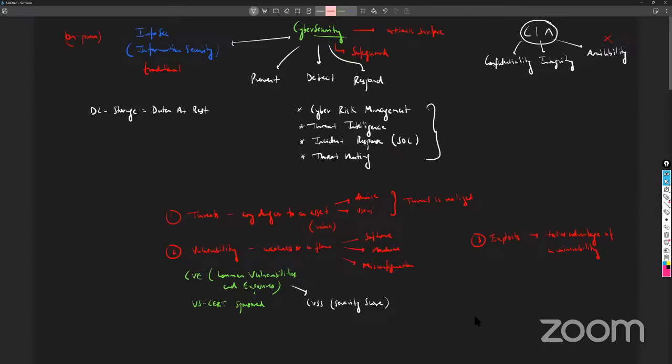Every vulnerability is a threat only if there is an exploit for it. Remember this. Exploits are dangerous, obviously. Why are they dangerous? Because, like I said, every software has vulnerabilities.